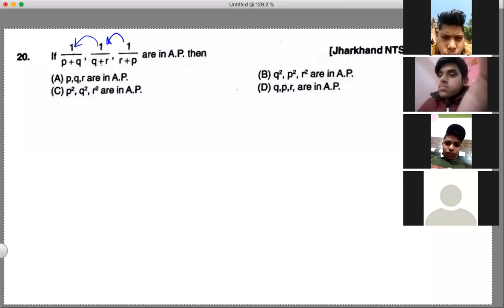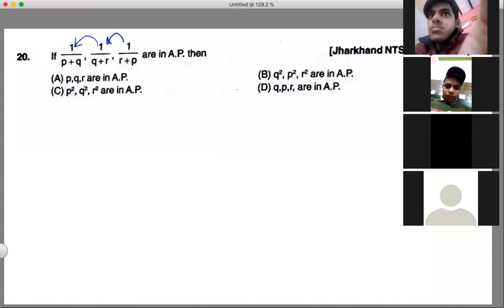You can also equate 2b equals a plus c. Yes, you can do that also. You can do either way. They are not dramatically different, whichever way you do it.